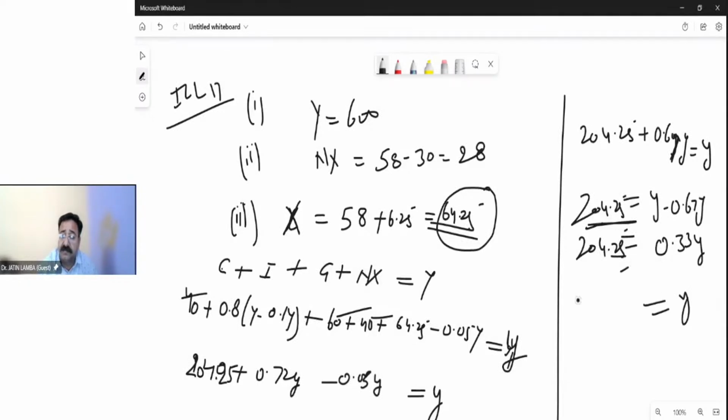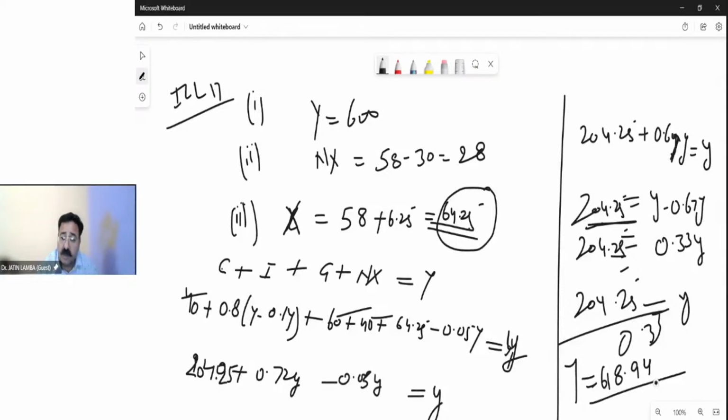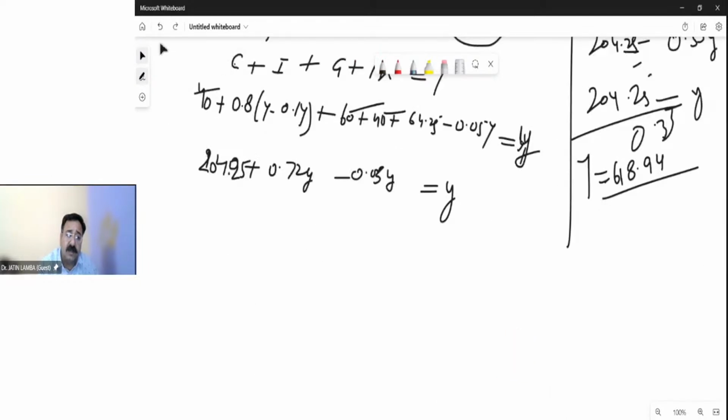So Y is 204.25 divided by 0.33, which will be 618.93994, we can take 618.94. So the new equilibrium level is 618.94. Now put this value of Y to get the net export.